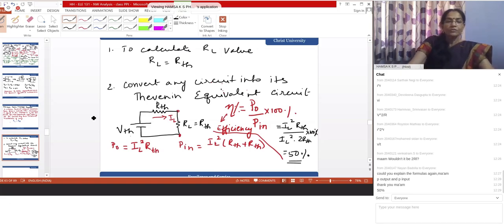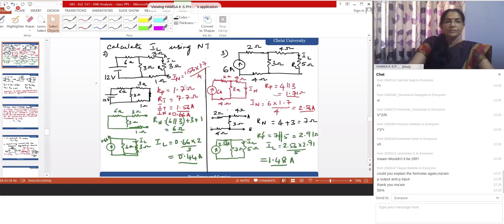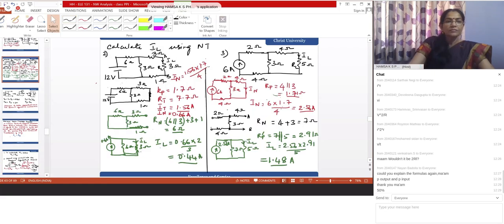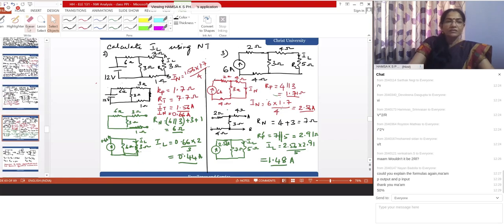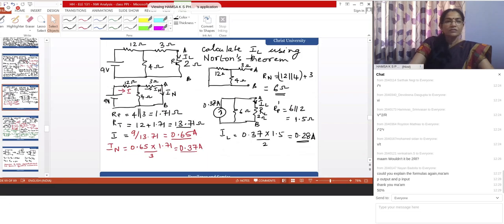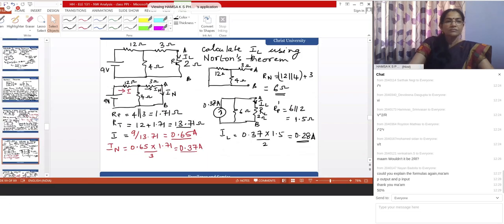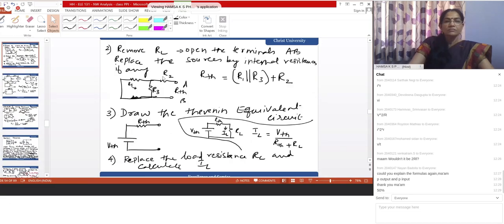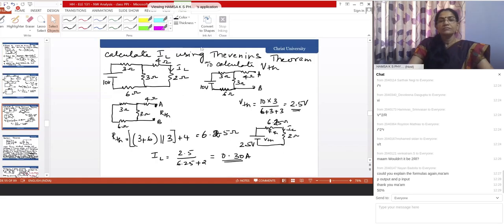Okay, now let us take this circuit. This is Norton's theorem. I will take a circuit where we have already found the Thevenin equivalent. Just look at the circuit here.